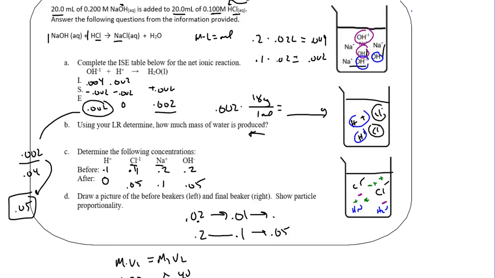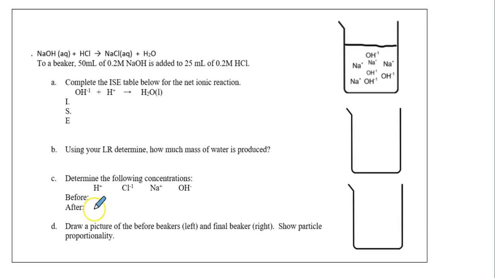Alright. This guy here. Okay, we have NaOH, HCl, 50 milliliters, 0.2, and 25 milliliters of this guy. Alright, now they're the same concentration, but different volumes at this time. Okay, so at this point, who's the limiting reactant?